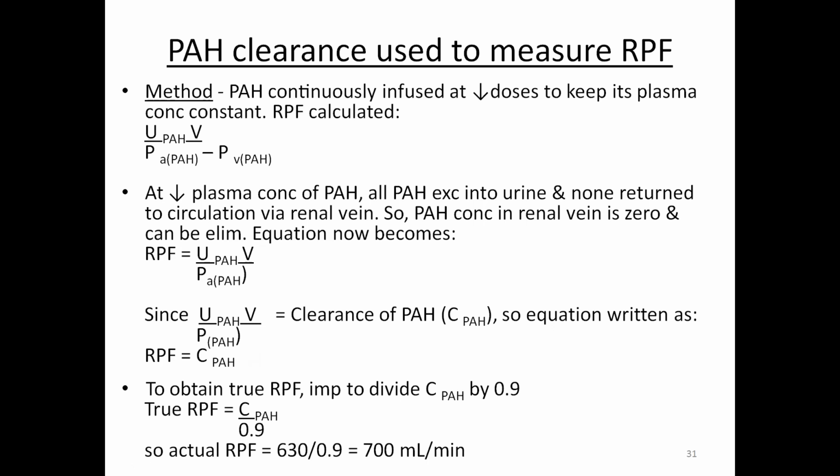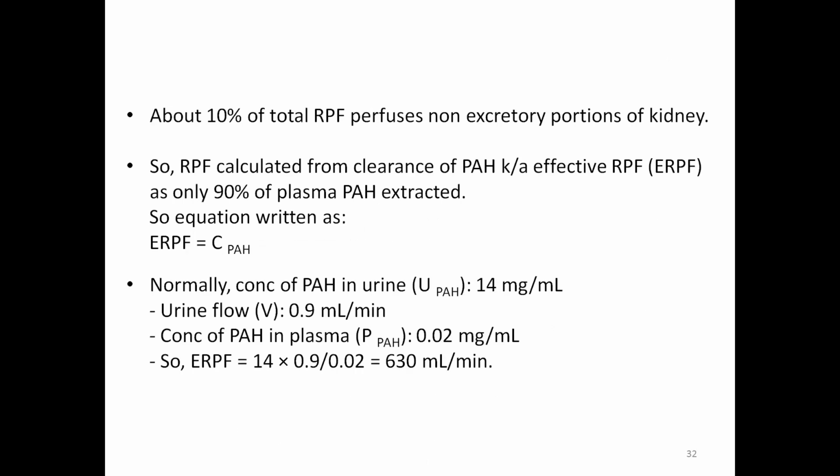Now, to obtain true RPF, it's important to divide the clearance of PAH by 0.9. On doing so, we get an RPF value of 690 by 0.9, which is 700 ml per minute. Now 10% of total renal plasma flow perfuses the non-excretory function of the kidneys.